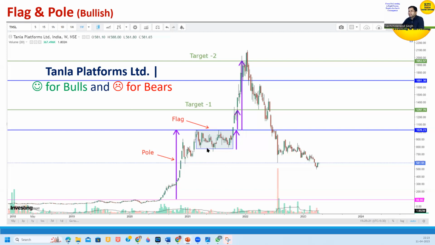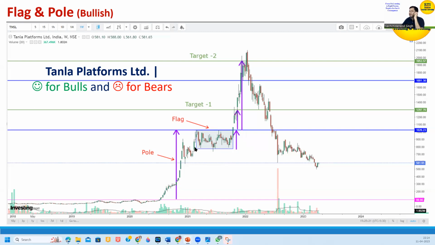How to identify it: it is neither moving up nor down, it is between up and down. If you put two horizontal lines, or there is an option to put a rectangular shape on the chart, the price is moving between these particular support and resistance lines.